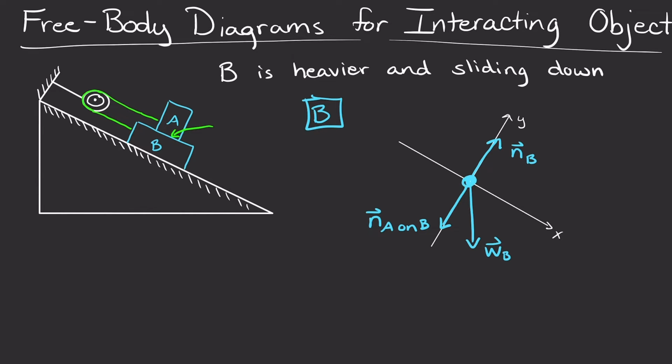I'm going to draw this dot a little bit bigger. It's pulling object B up the ramp. This cable is wrapped around and originating from A, so we'll call this the tension from A on B.